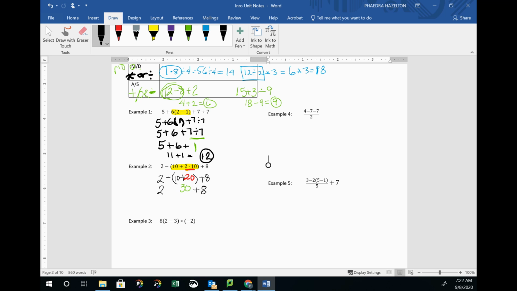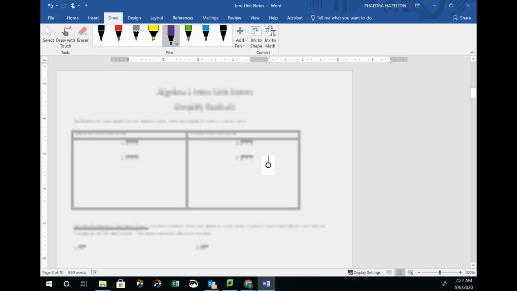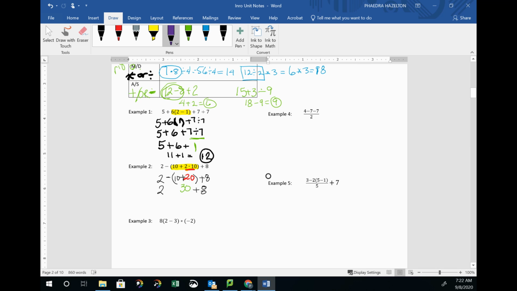Here's the thing that gets you, is this sign right here. That negative sign needs to go with that. So this is really 2 minus 30. So 2 minus 30 gives me negative 28.